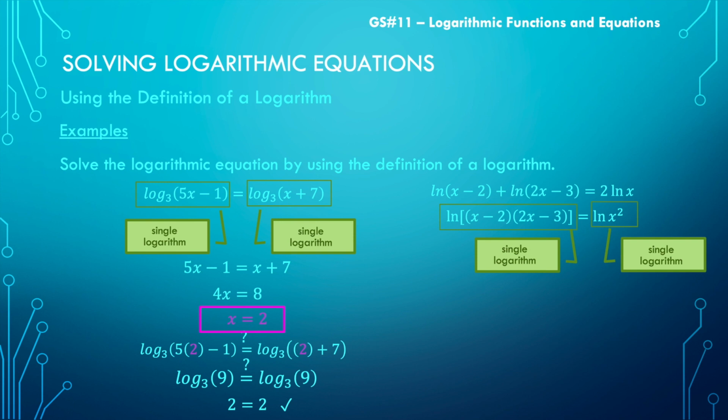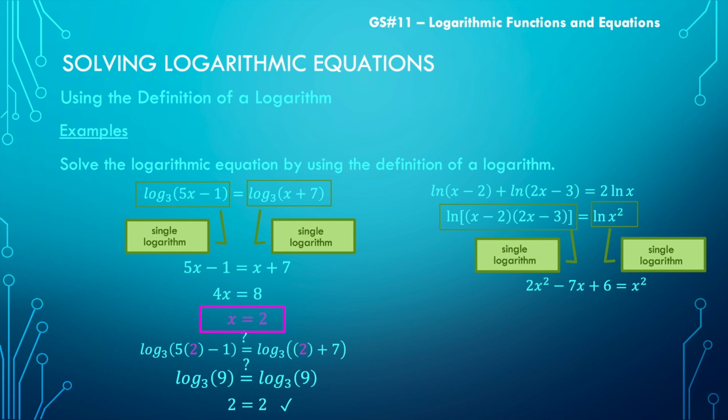So I'm going to have this x minus 2 times 2x minus 3 is equal to x squared. And let's go ahead and multiply this out as I rewrite it. So if I multiply this out and distribute, I've got x times 2x, x times negative 3, negative 2 times 2x, and negative 2 times negative 3, which translates to 2x squared minus 7x plus 6 is equal to x squared.